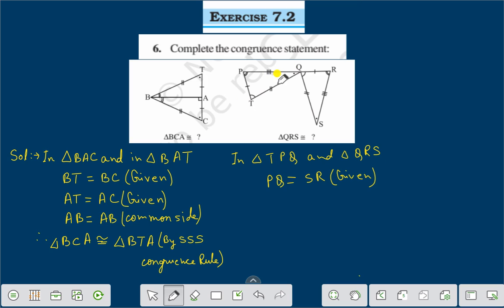And QT is equal to QS. It is also given.